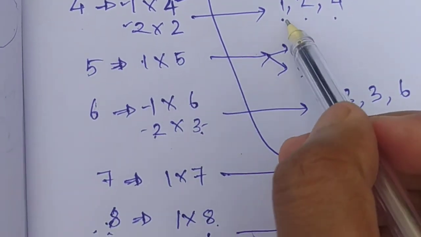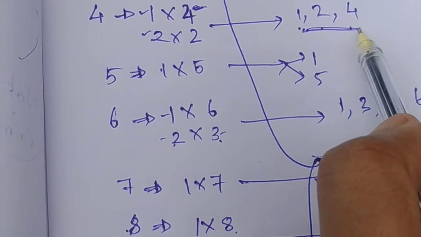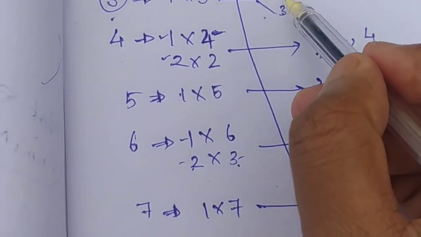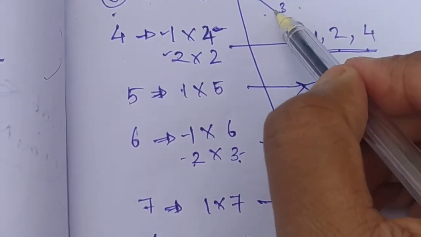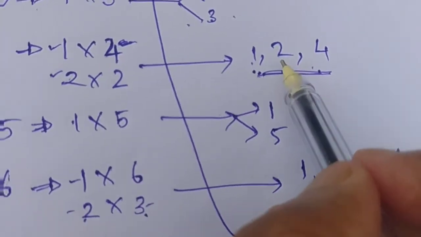Take 4, it has how many factors? 3 factors, so it cannot be a prime number. A prime number should have only 1 and the number itself, but here it has 1, the number itself, and also 2.